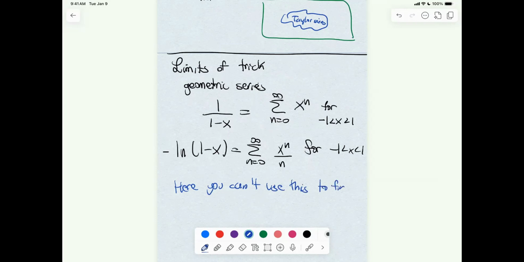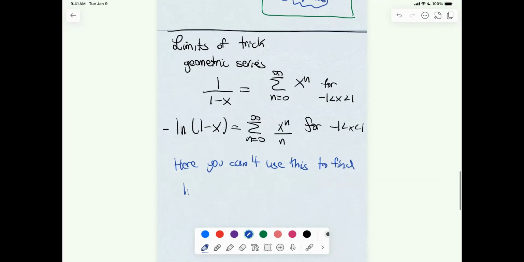I'll use a different letter again, because it could be inconvenient if I call everything x. You could not use this to find something that is obviously outside the Taylor series. Let's say I wanted to think of x as being t plus 3, right?